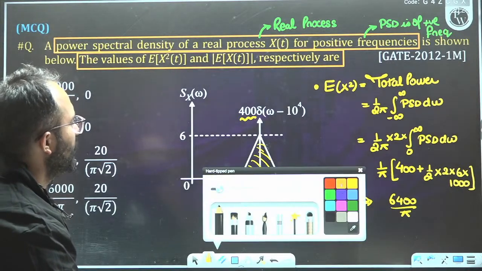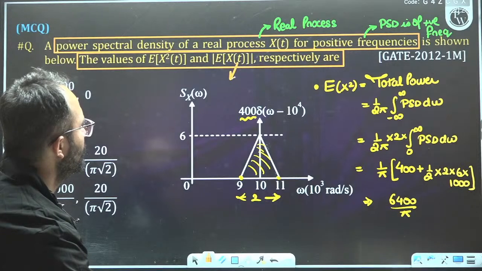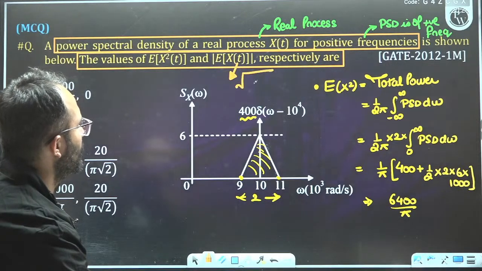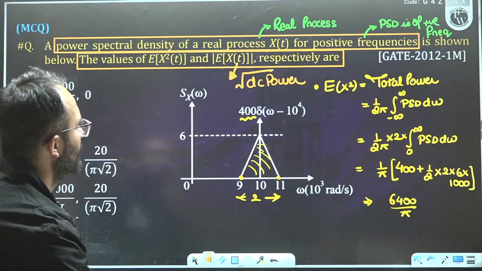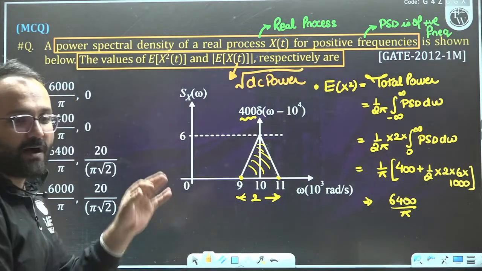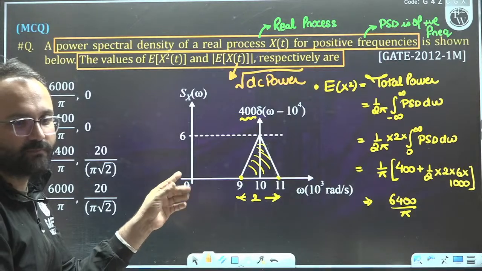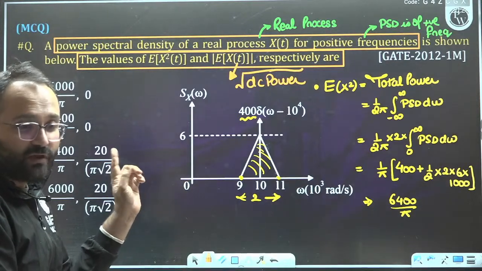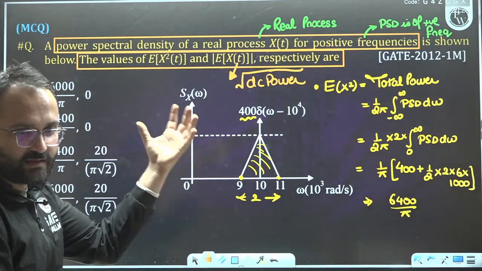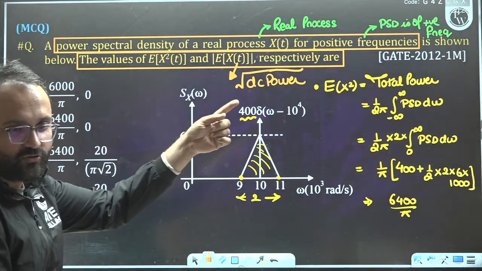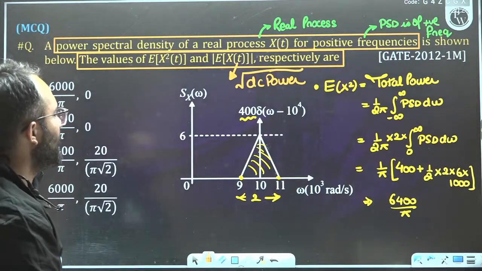Now if you want to find out the average value, it is simply the square root of the DC power. DC power means the power at 0 frequency. Now since there is no zero frequency power here, because at zero there is nothing in the power spectral density, the square root of DC power will be 0 only.